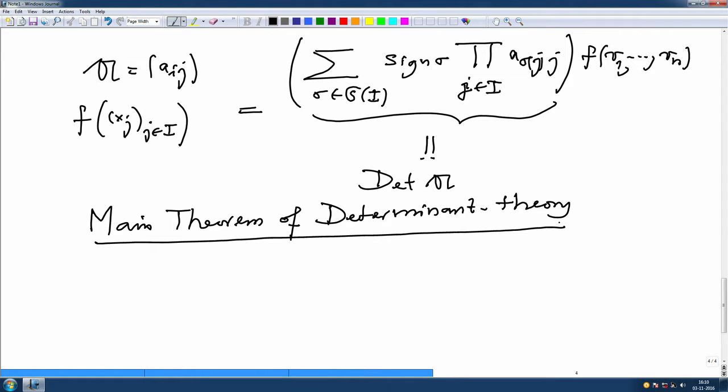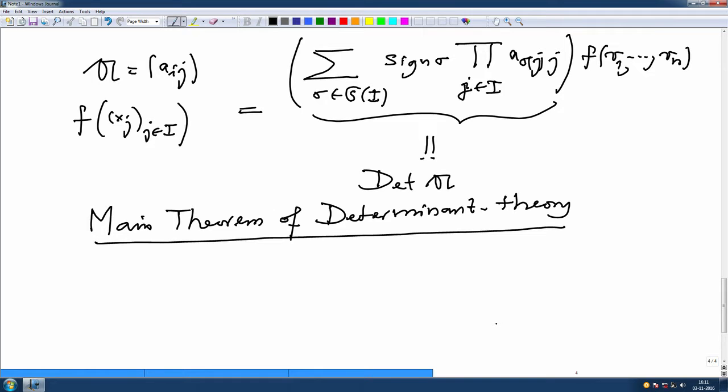So in the above observation, if you take V1 to Vn as a basis of V, then any alternating multilinear form on V is uniquely determined by its values on the basis tuple, because any other tuple you write in terms of the basis V1 to Vn as xj equal to summation aij vi, and then you have to know the value of this is determinant A times this value.